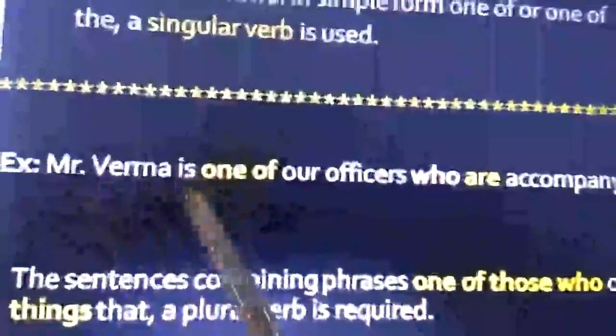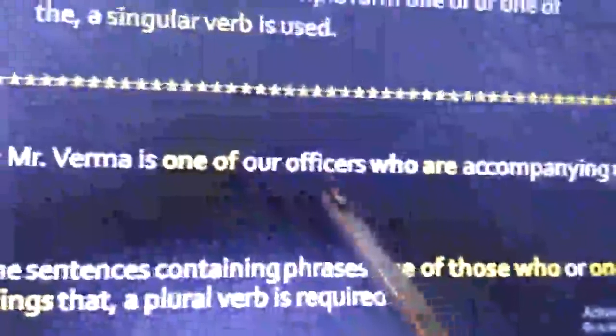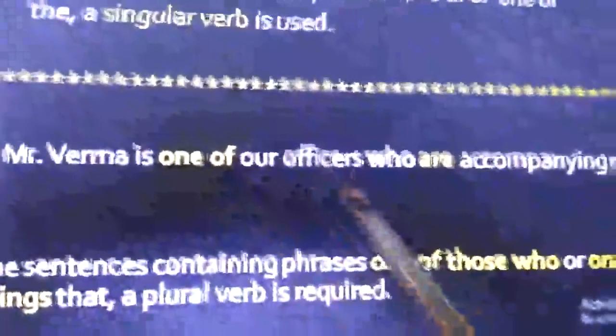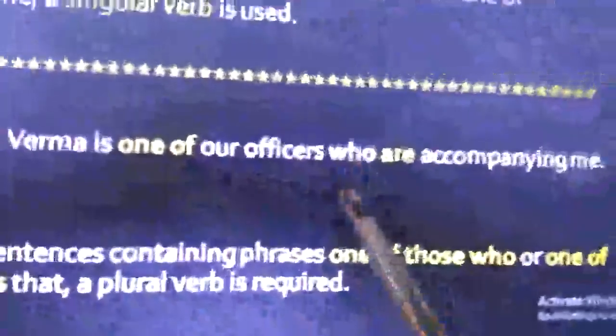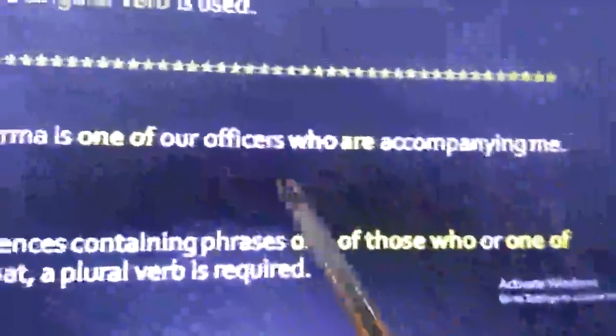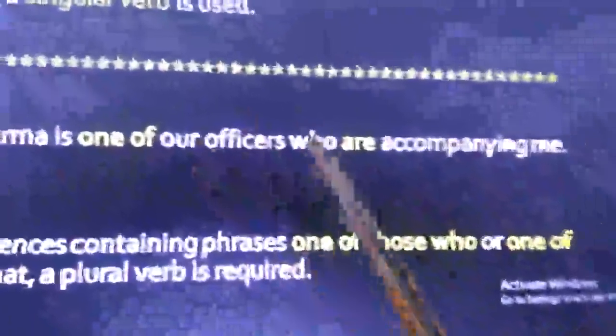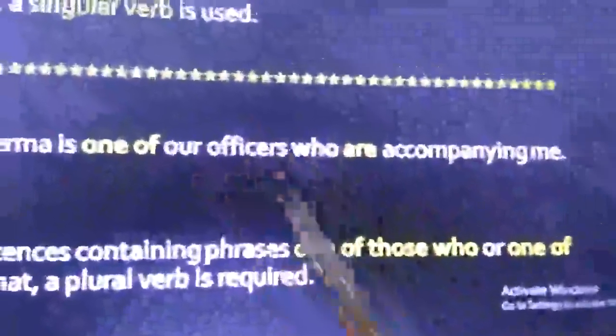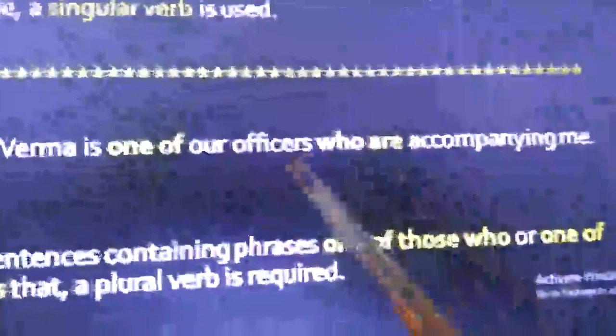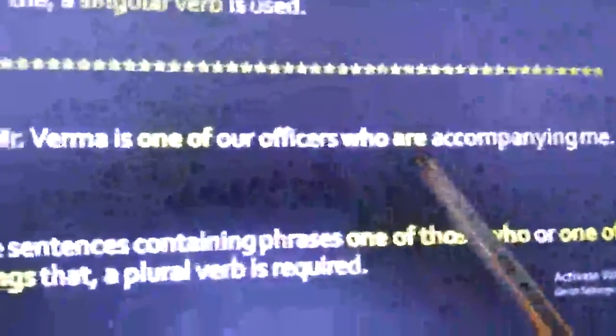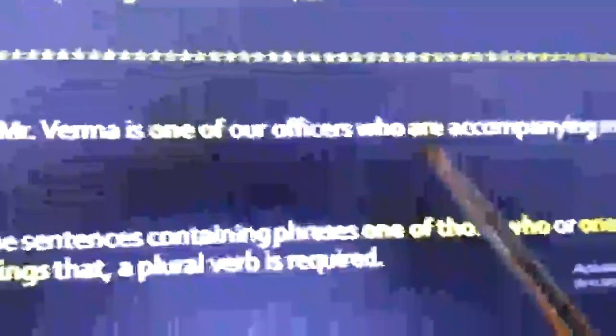Mr. Verma is one of our officers who are accompanying me. One of our officers, that means these officers are accompanying, and so officers is in plural, and so the verb that is used, which is followed by this noun, is plural.